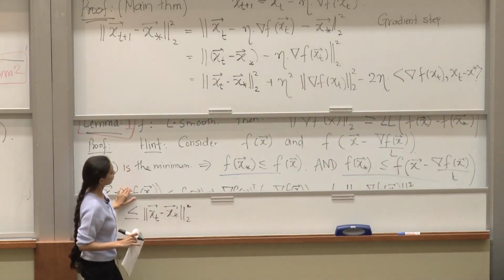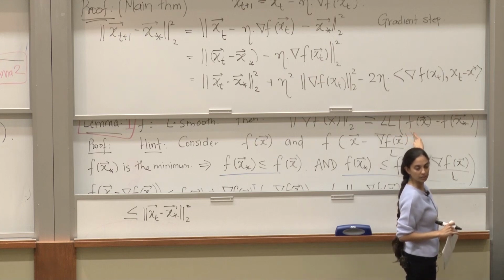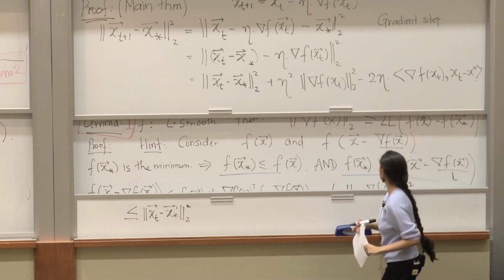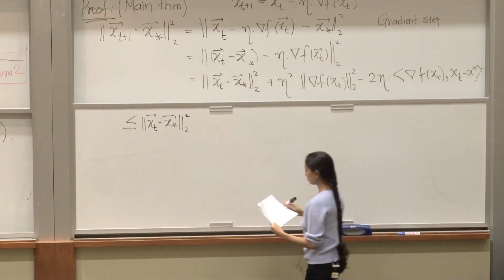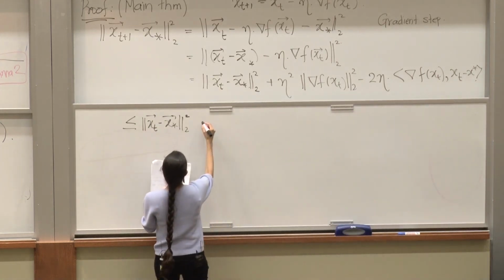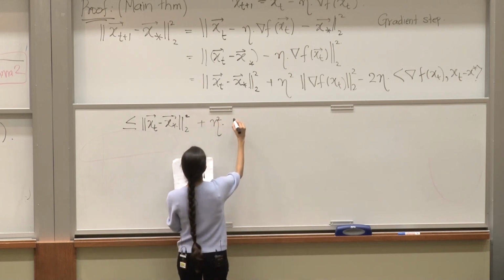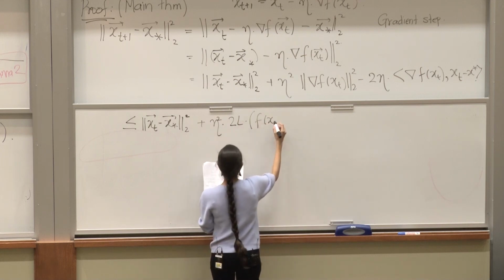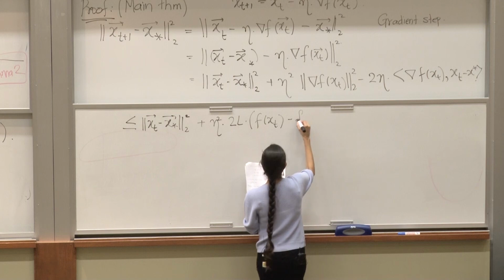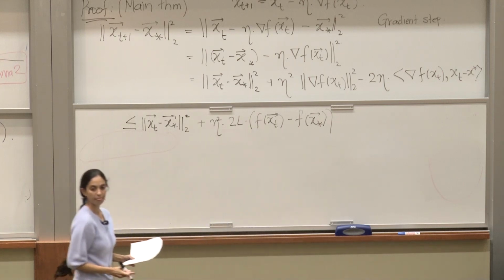It got covered up here, but we have this lemma 1, that tells us how the gradient is going to behave. So I can write this is less than or equal to eta squared times 2L times f of xt minus f of x star.